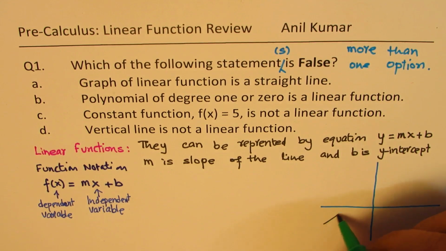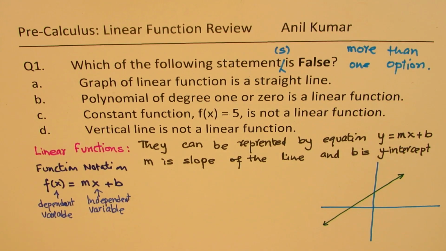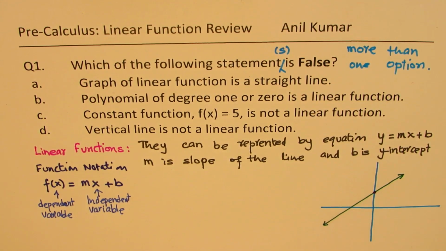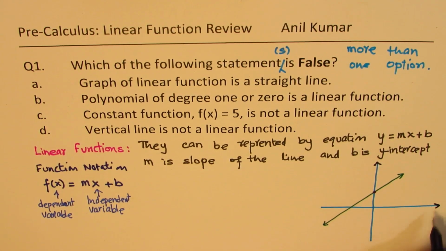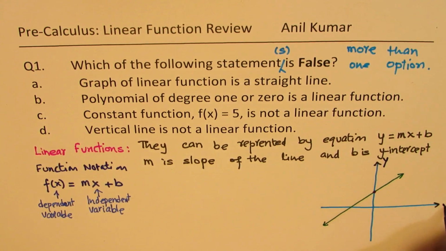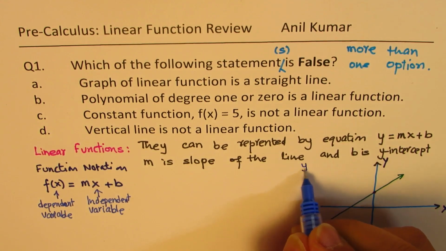So if I'm drawing a straight line on a graph, let me just draw a line here. In that case, this point where the line crosses the y-axis, let's say this is the y-axis, this is the x-axis, this particular point is called the y-intercept, right?